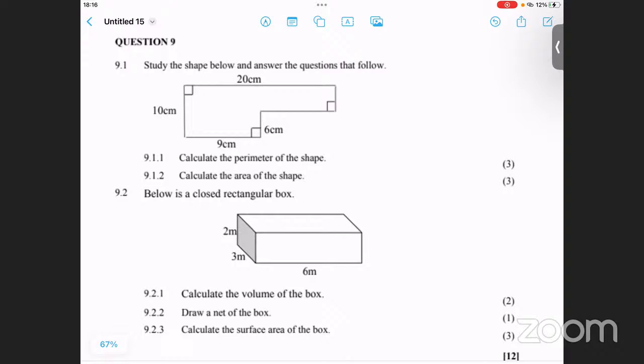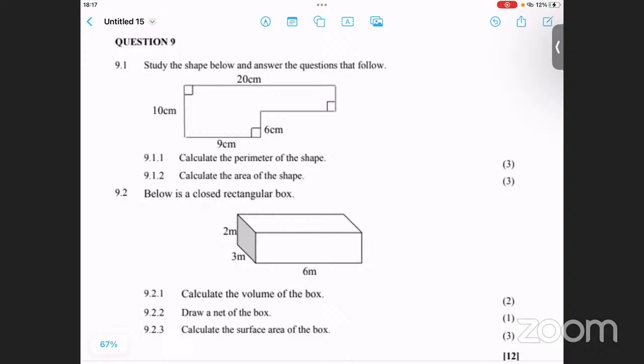Okay, I want us to start with this question, is it 4 or 3? I think it's a 3. The first one that you see here says study the shape below and answer the questions that follow. So you have a shape here, which seems to be having 2 shapes.